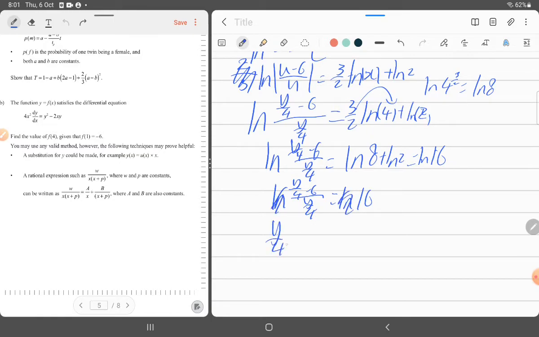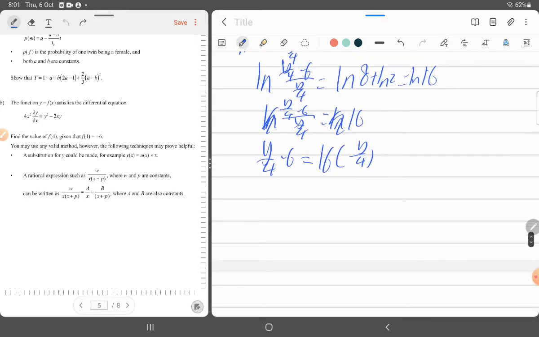Y over 4 take away 6 is equal to 16 brackets y over 4. Y take away 24 is equal to, no, those two just cancel out, so 16y, I believe.